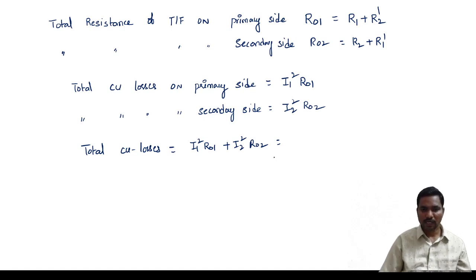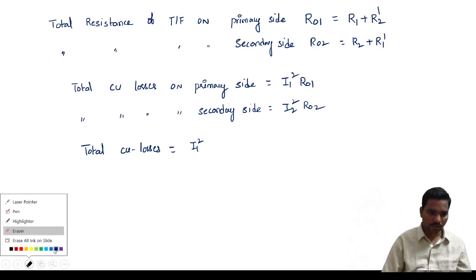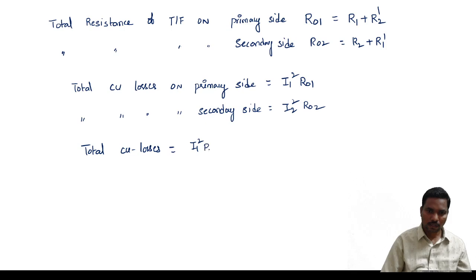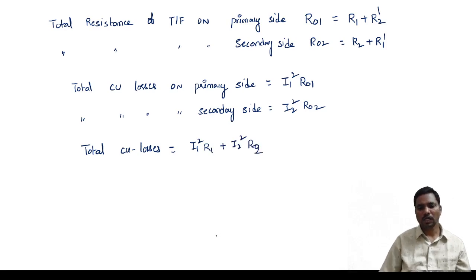I have given some mistake here, I think. So I1 square R1 plus I2 square R2. So total copper loss is equal to the current flowing in the primary side, that is I1 square R1 plus I2 square R2.